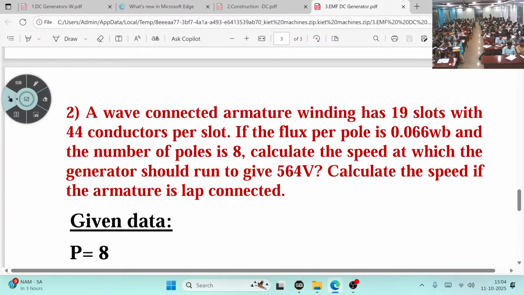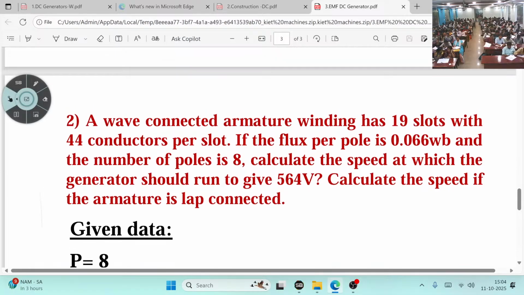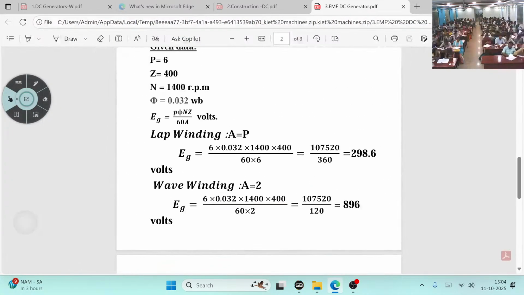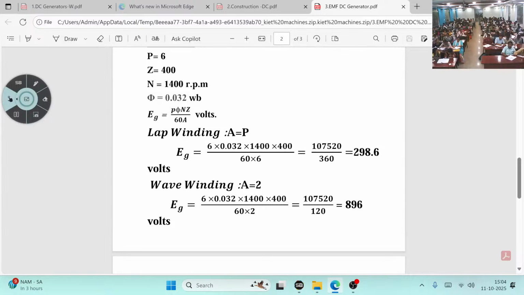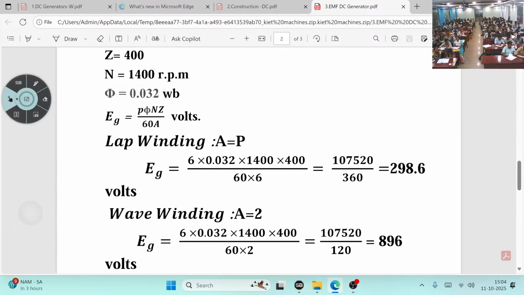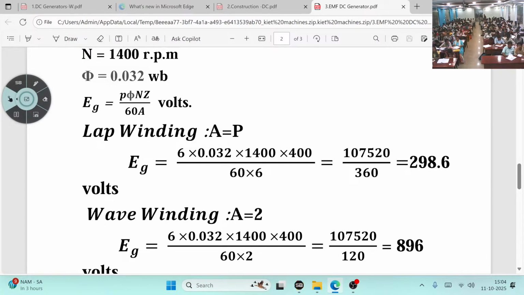What happened? You have not written. That is the first problem. Now we'll do the second problem.